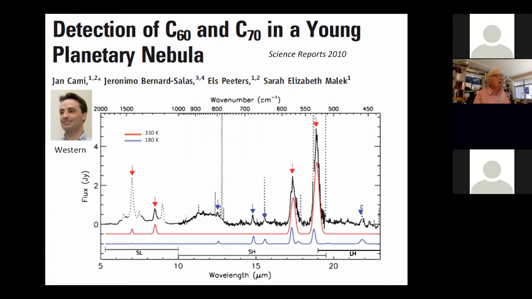Here you see the spectrum in the infrared at the bottom, in the black, and a couple of models, the different temperatures for the C60. And that's quite a good agreement. Jan is very active in this area of looking for Fullerenes.